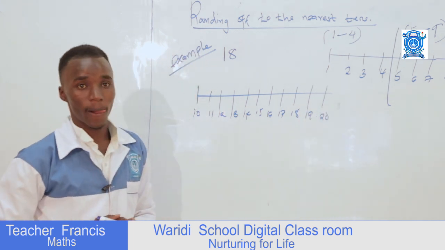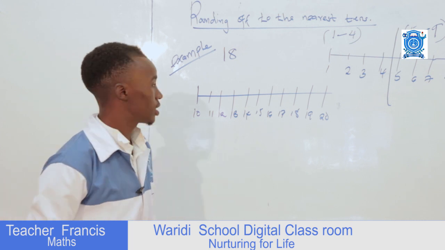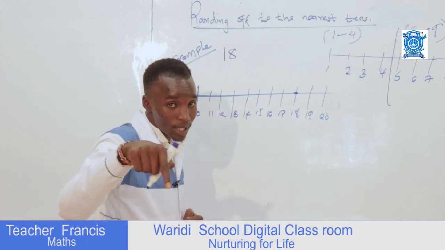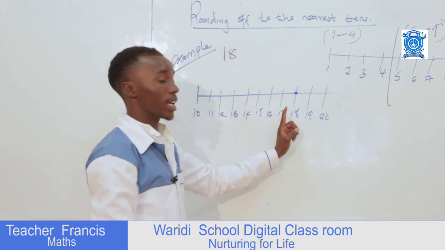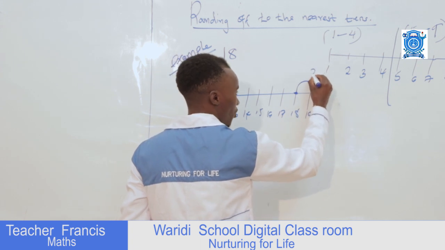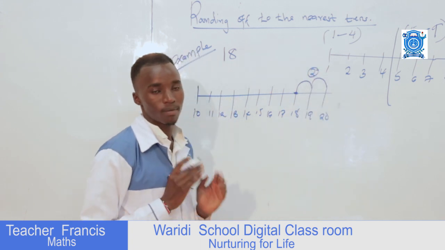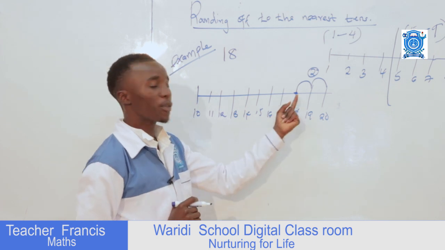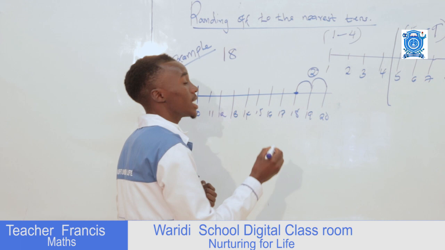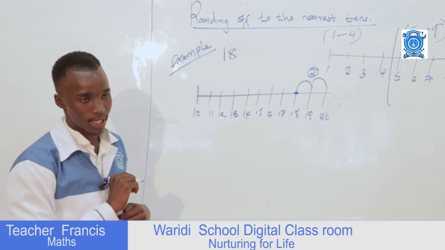There we are. The first step I'll do is to stand at 18 and count to the next 10 after 18. I count the steps: 1, 2. I find I have 2 steps. That one, put it aside. Before you go anywhere, stand at the same position and then count backwards to the next 10.